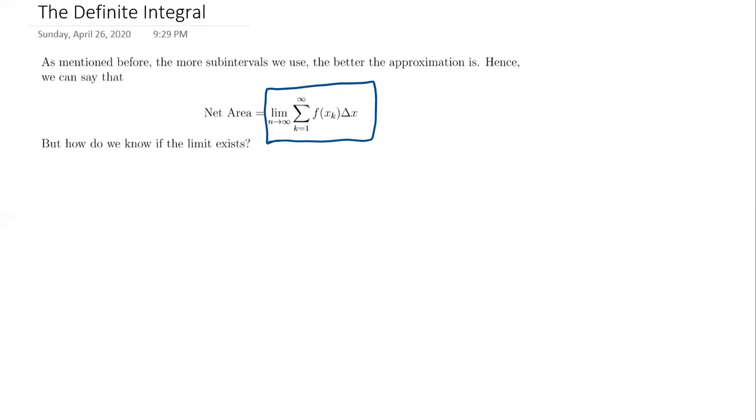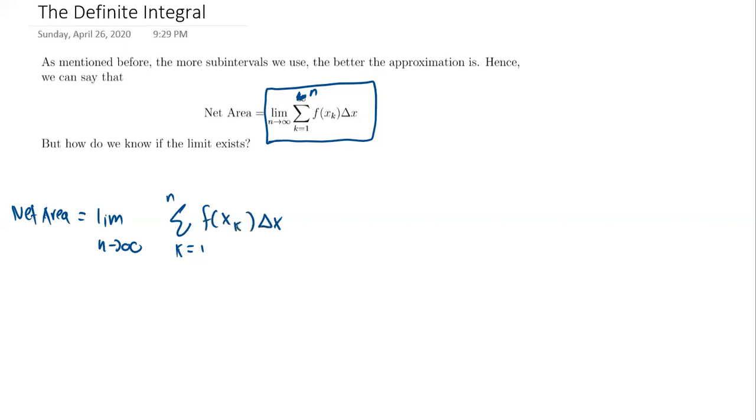If you remember this formula here, the limit as n approaches infinity, so it should be n here. Let me rewrite this. What I wrote is net area. We're going to define it as the limit as n approaches infinity of the sum k equals 1 to n. Remember, this is a sigma sum.